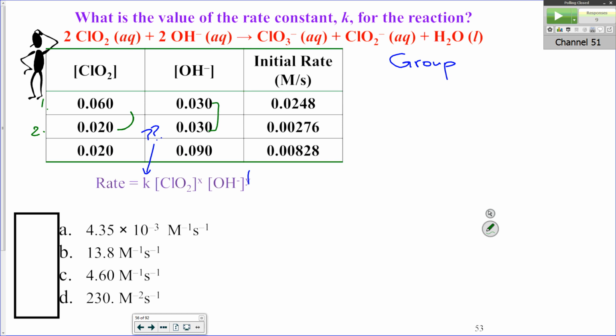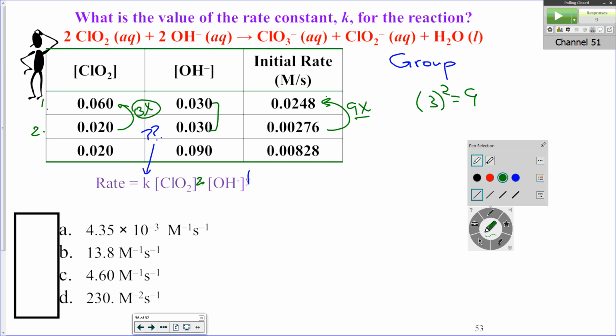The concentration between 1 and 2 is 3 times higher in 1 than it is in 2, and the rate is 9 times bigger in 1 than it is in 2. So if I triple the concentration, I get 9 times the rate. 3 squared is 9. That tells me that this is second order.